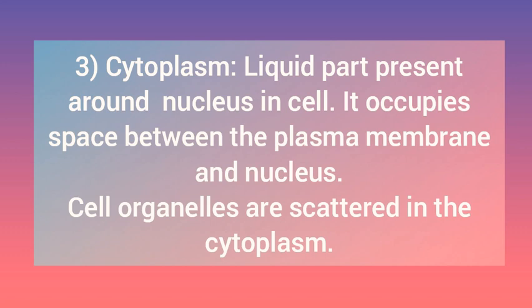Then the third one is cytoplasm. Cytoplasm is nothing but a liquid part which is present around the nucleus in cell. It occupies space in between the plasma membrane and the nucleus. All the cell organelles are scattered in this cytoplasm.